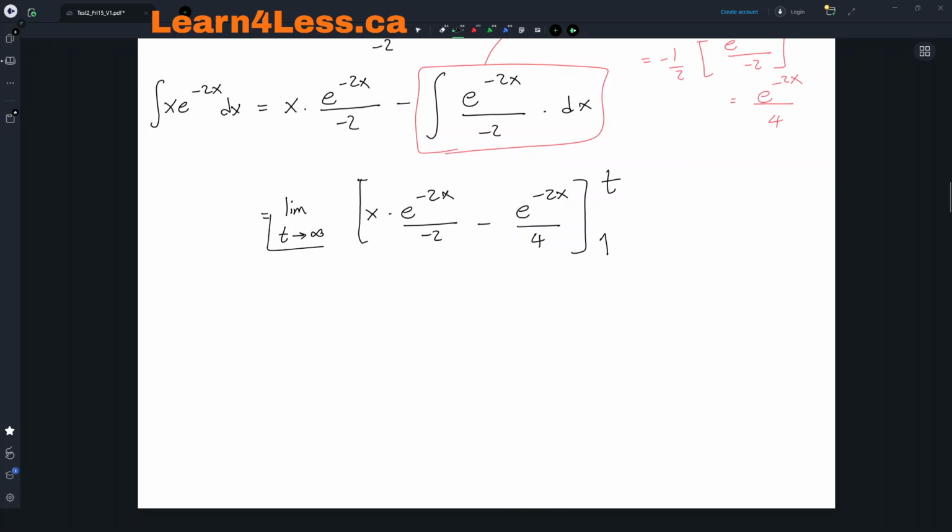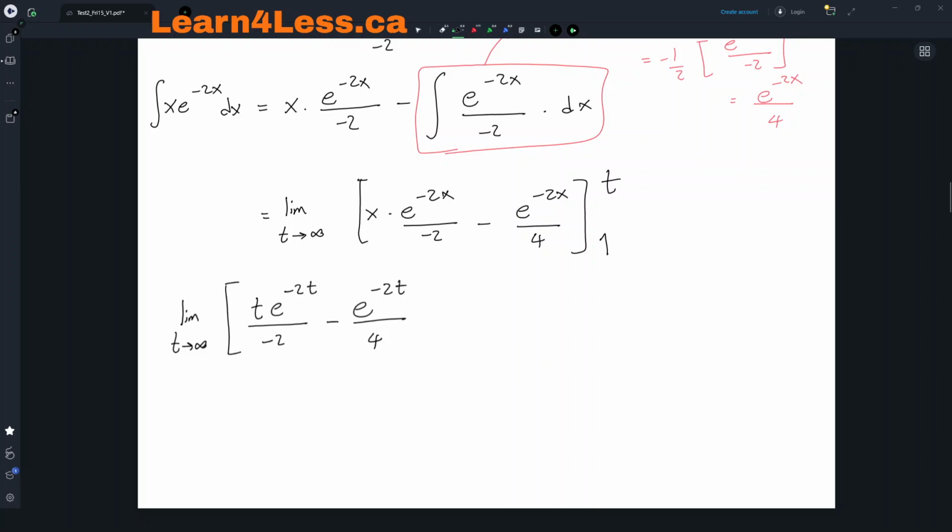Regardless, we simply need to plug in t and 1. So I write the limit as t goes to infinity of, first, the upper bound: t e to the power of negative 2t over negative 2 minus e to the power of negative 2t over 4.